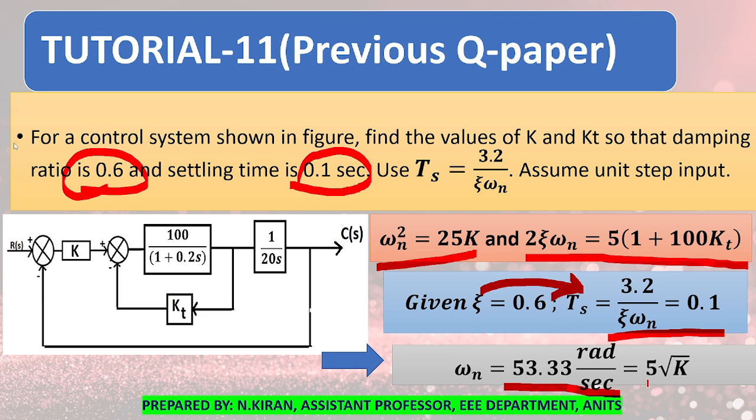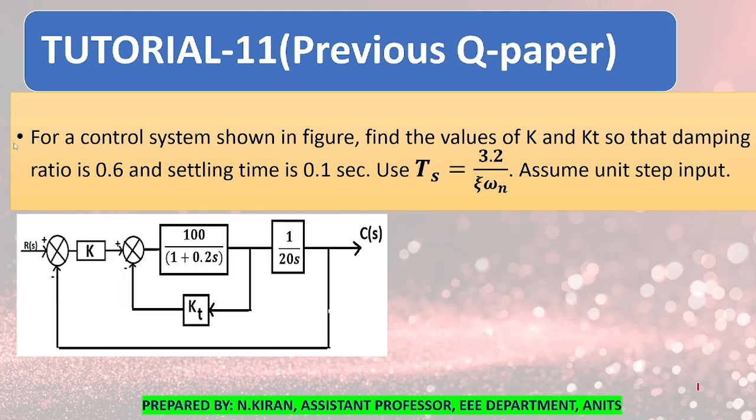So that is what we have obtained, and this I will equate to 5 into root k, because from here omega n square is nothing but 25k. So that will give me omega n as 5 into root k. So equating this value to 5 into root k will give me the value of k as 113.78.